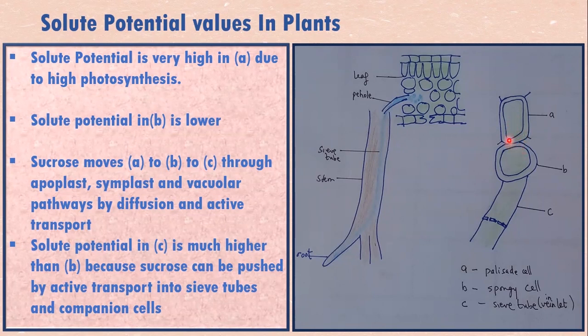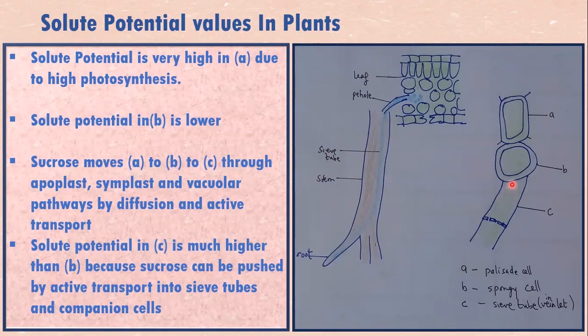We have discussed these pathways on transport. So the solutes will move through these pathways from the palisade, where the solute potential is very high, into the spongy cells, and then move into the sieve tube and companion cells.